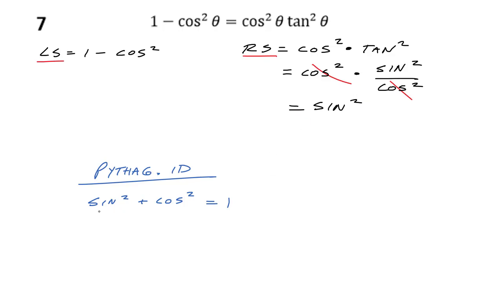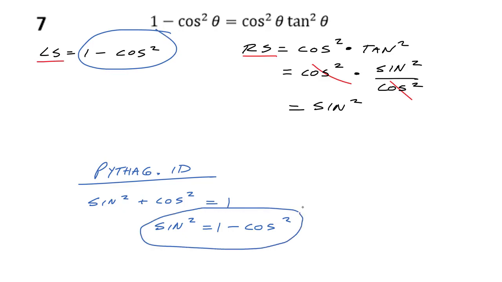What would happen if I isolated the sine squared? So what if we subtract cos squared, which effectively moves it to the other side? We subtract cos squared from both sides, and what we end up with is 1 minus cos squared theta. That's this right here. So the whole point of this question is really so we can teach you how to use the Pythagorean identity a little more.